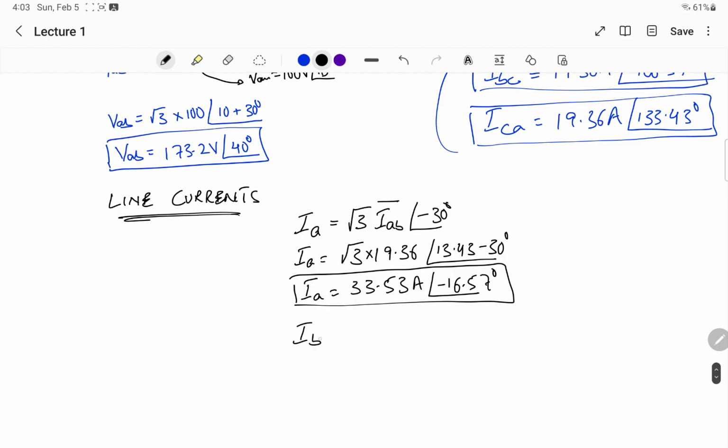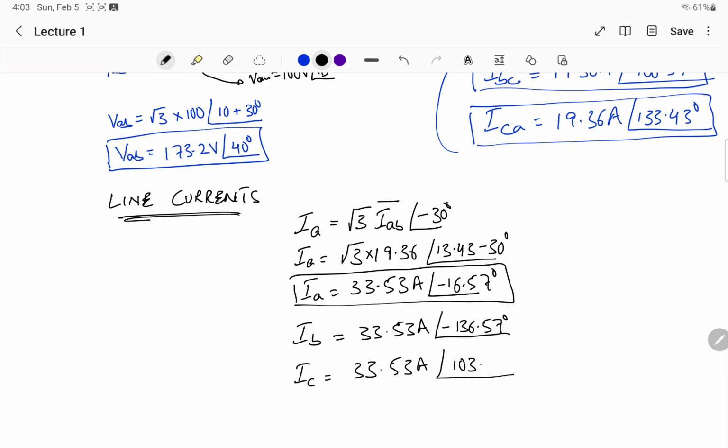Similarly, now you know IB, just do the magic of minus 120 plus 120 and you will get the other vectors. And we will have IC equal to 33.53 with angle 103.43.